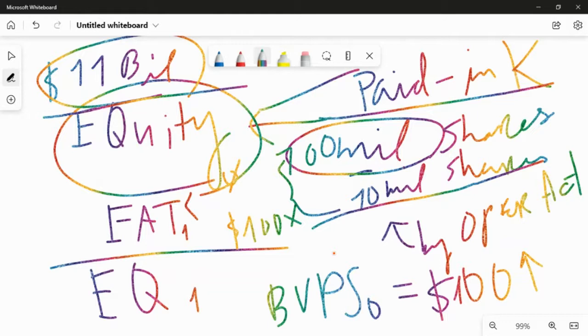Does that bring in any new capital? Does it bring in any new paid-in capital? No, it's not bringing in any new capital. There's no paid-in capital. So equity is still 10 billion, but there are now 110 million shares.